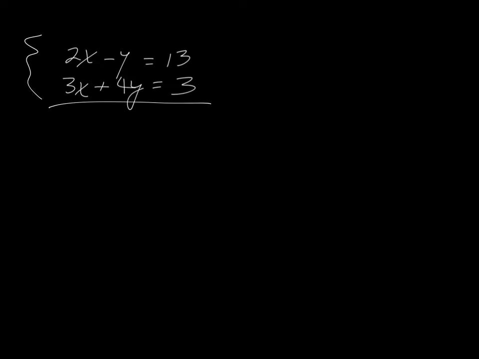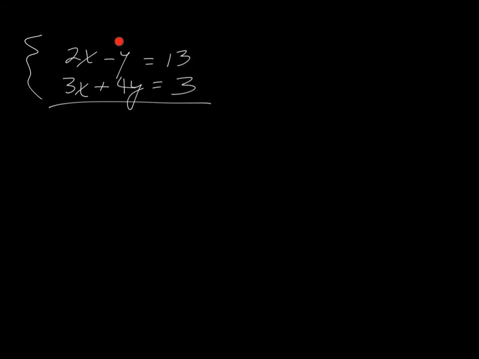So let's get rid of this answer that we have here. What we have to do is figure out a way that either the x's can go away or the y's can go away, so that when we put our answer down here we only have one variable. So this is the direction that we have to go. We have to choose one of the equations to change a little bit so that the number in front of the x's are the same or the number in front of the y's are the same.